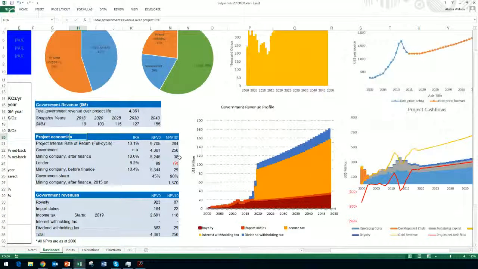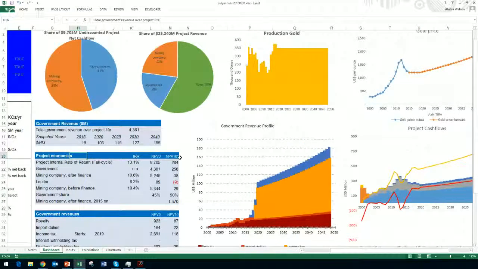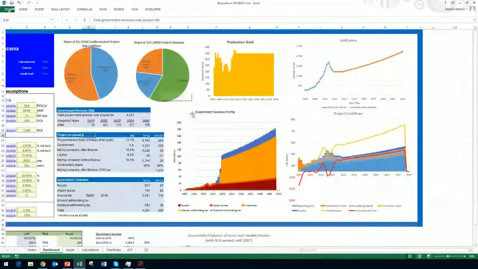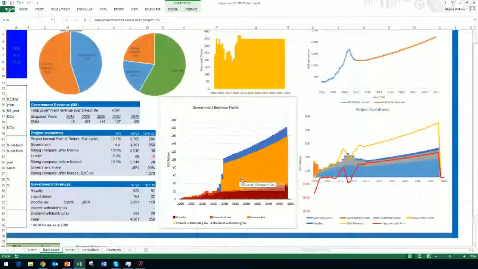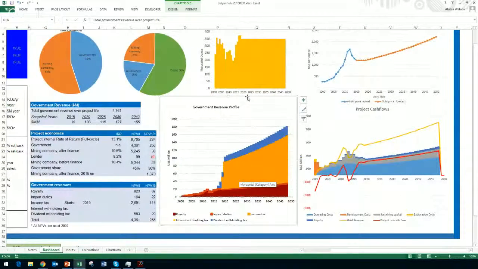And then further on the dashboard are some key charts, which we will talk through. The most relevant to our discussion today is this chart I'm just selecting here, which shows the government's revenues over the entire life of the Bulyanhulu project, using the assumptions that we've built into the model.